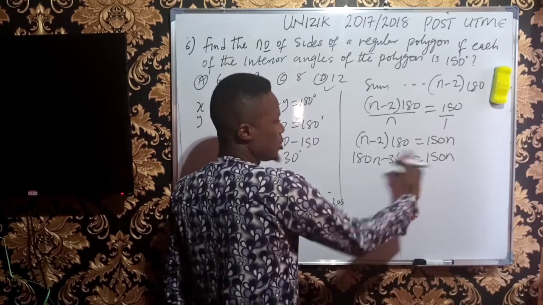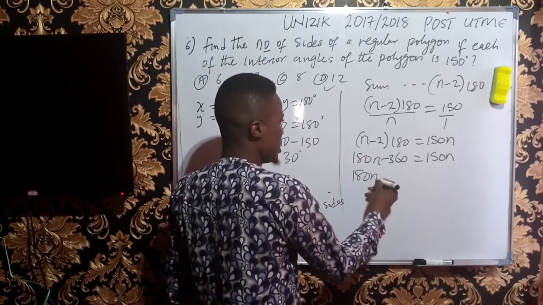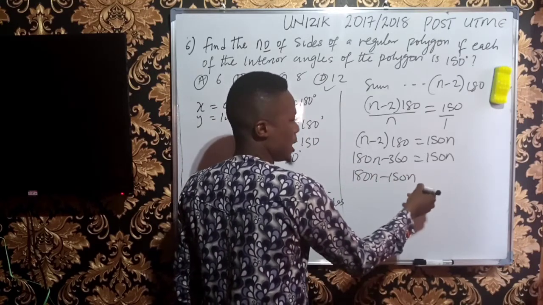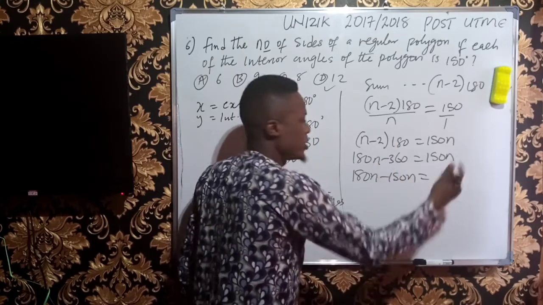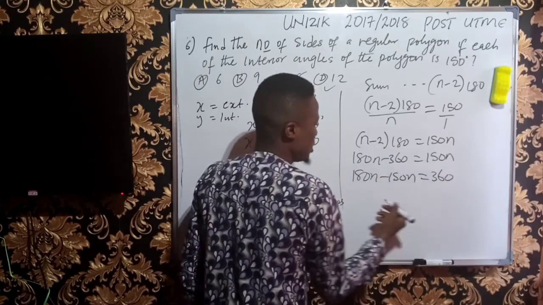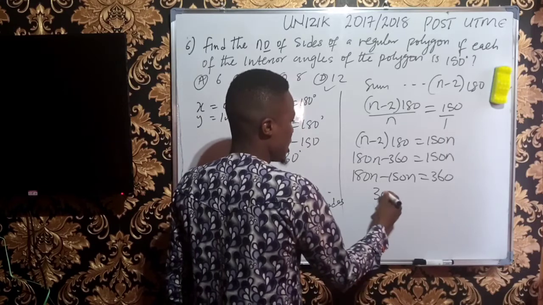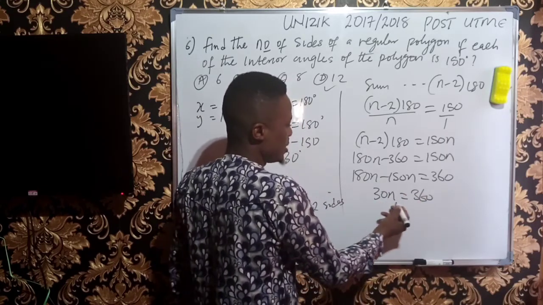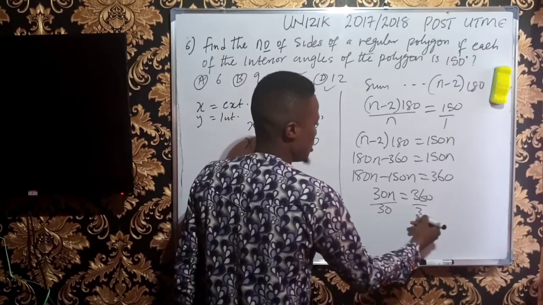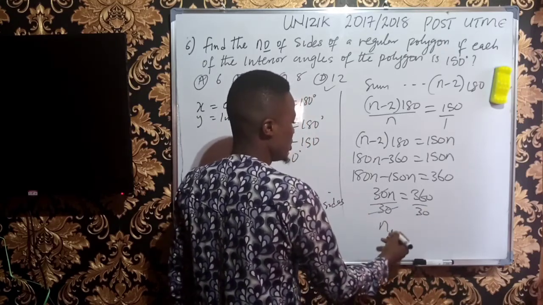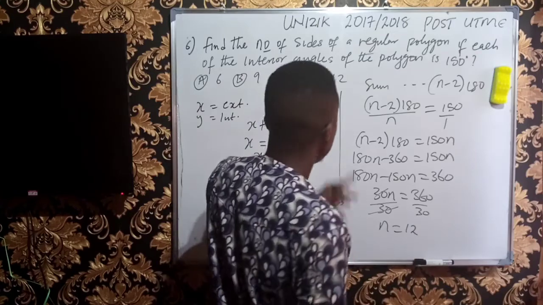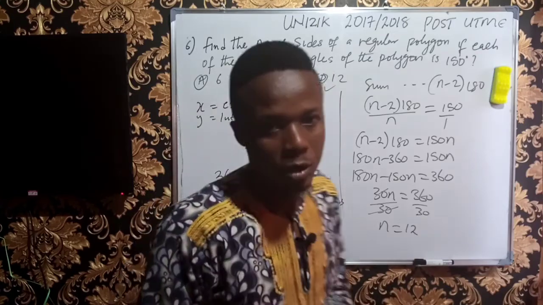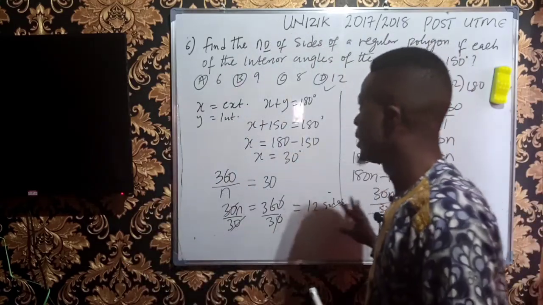Collect like terms, we have 180n minus 150n equals minus 360, crossing over is positive 360. When I subtract, I will get 30n equals 360. To get the value of n, divide both sides by 30. Of course, when you divide 360 by 30, you are still getting 12 sides. So no matter the method you are using here, you must arrive at the same answer.